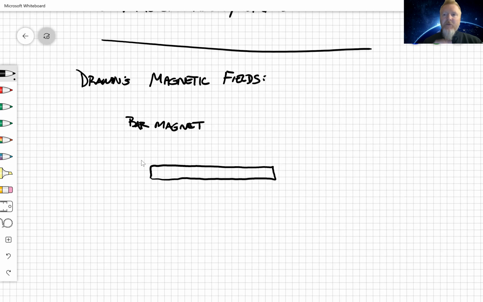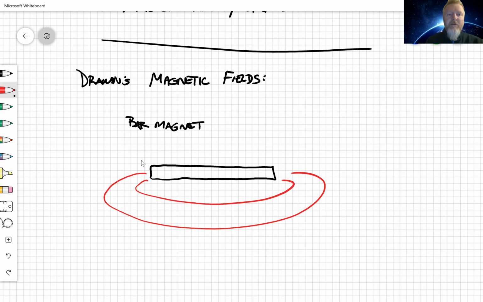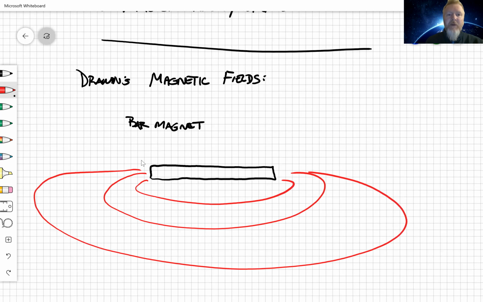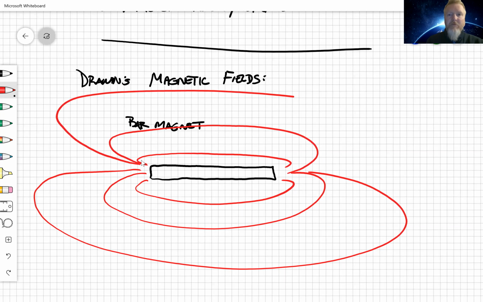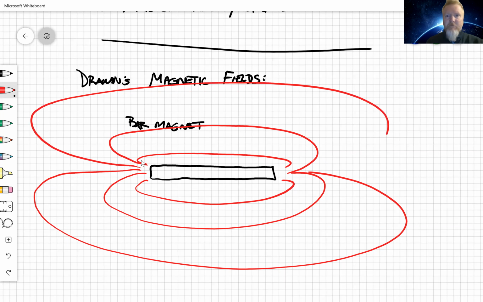What we find is that when we take it and put it near a bucket with iron filings in it, the iron filings kind of line up in this pattern. You get the idea. I think that one was not quite good. A little better? Okay, yep.